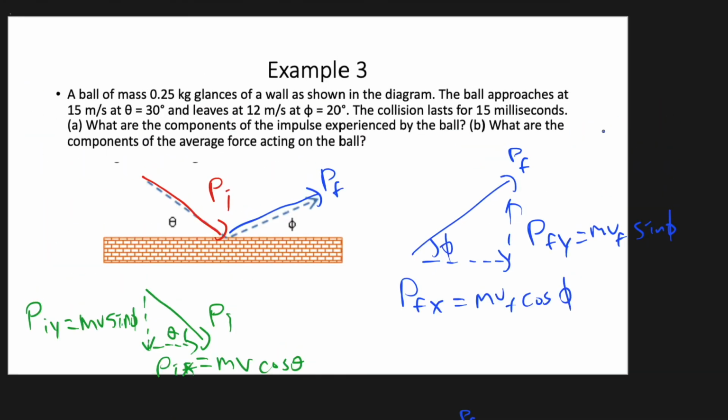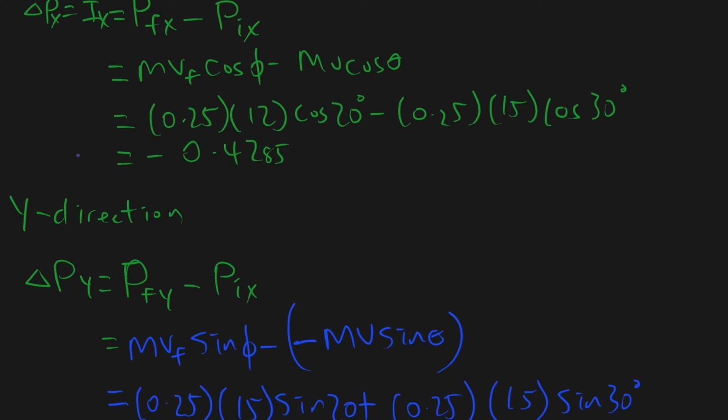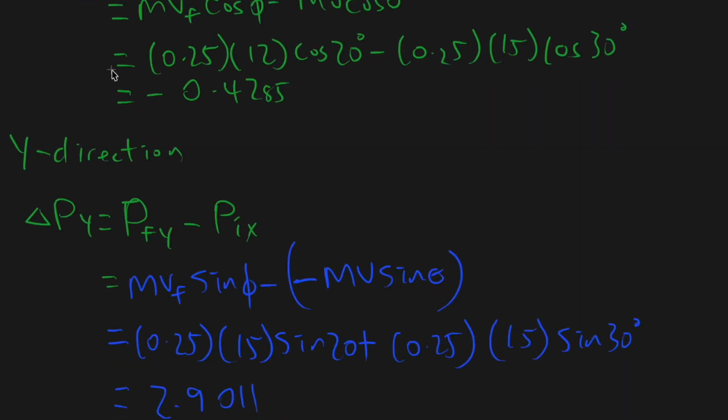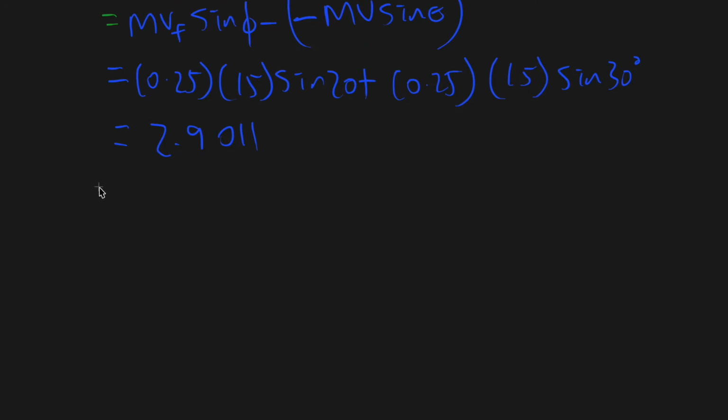The second part is asking us to find the components of the average force acting on the ball. Let me copy this answer first. Here is the impulse for the horizontal direction, and here's for the vertical direction.